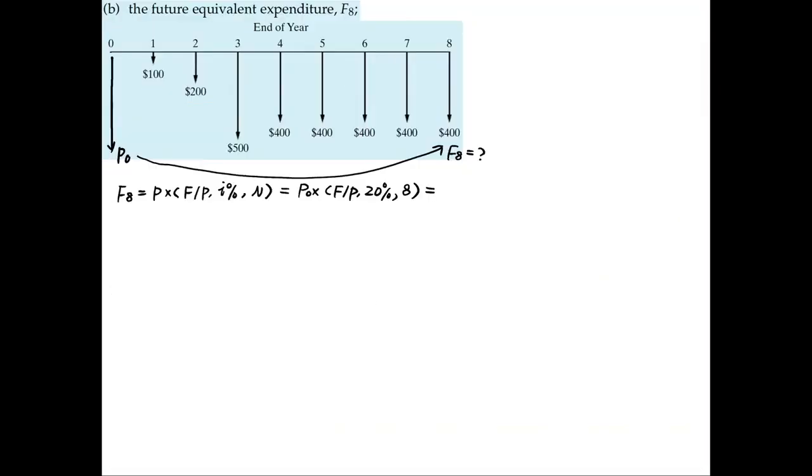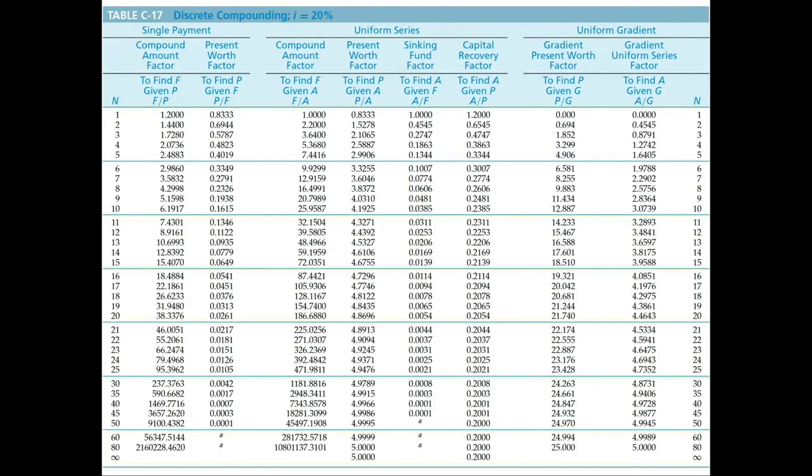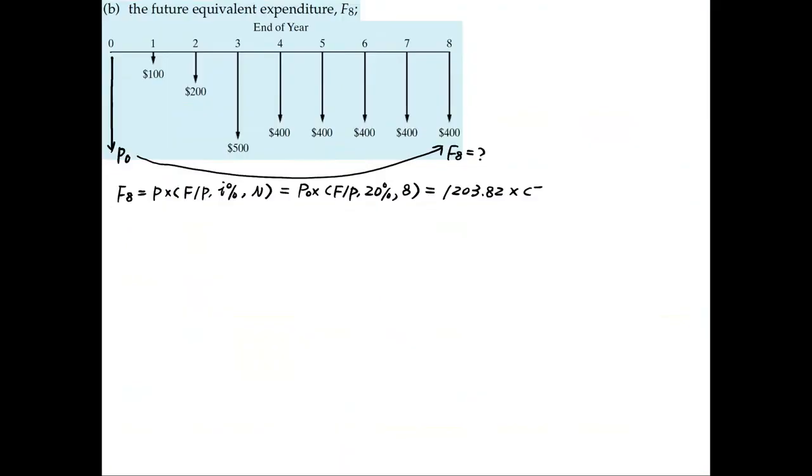So N is 8. P0 is 1203.82 times the factor F/P, that's the column, and the number of years, 8.